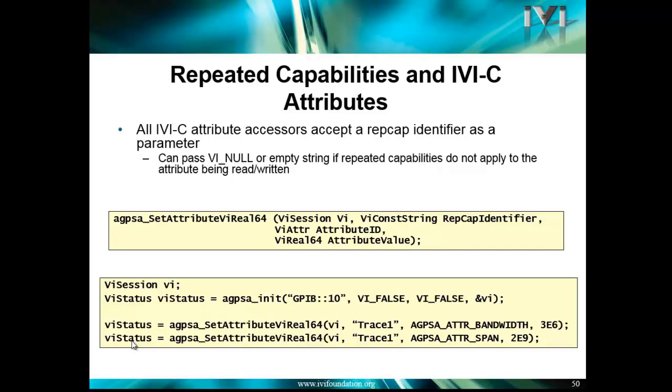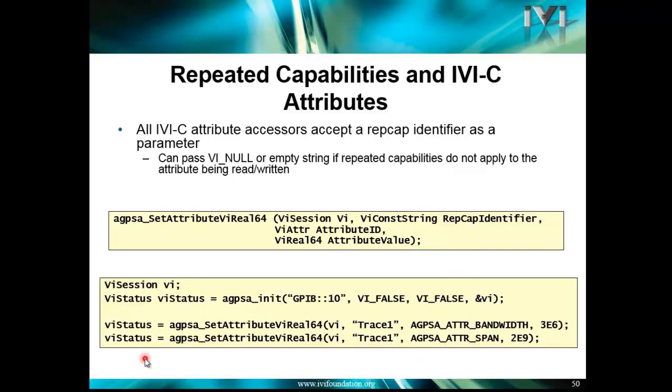Just doesn't make any sense. So the way the IVI APIs deal with that is they actually across the board in each API have this repeated capability identifier as a second parameter that allows you to specify the VI being the particular driver or instrument, if you will, this being the repeated capability on that instrument, and finally the parameters that are common to whatever we're doing.